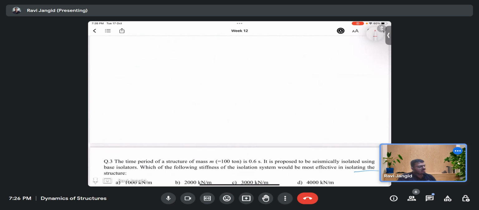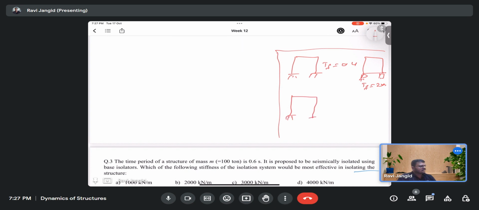Okay, so I have a question like that. In the first question, the fixed base has a time period of 0.4 seconds, and the isolated building has an isolator with 2 seconds. Now if I have a case in which my fixed base building has a time period of 2 seconds, and I apply the isolator, whatever the isolator is, that isolator time period is also 2 seconds, TB also 2 seconds.